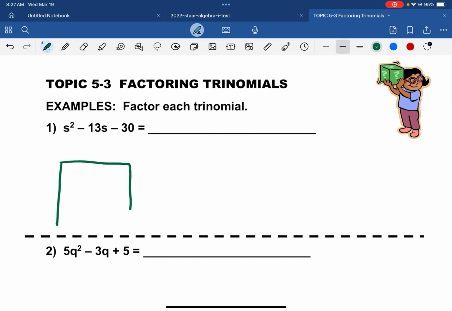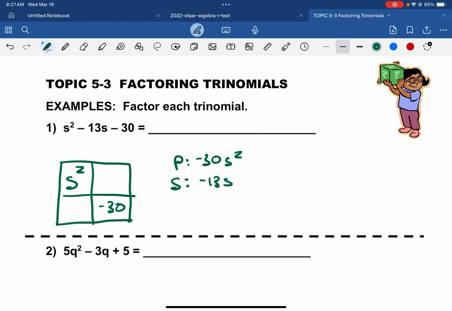So I know if this is my trinomial, that this box has to be x squared, and this one's got to be negative 30. Then I've got to get my other two. Well, they must have a product of negative 30s squared and a sum of negative 13s.